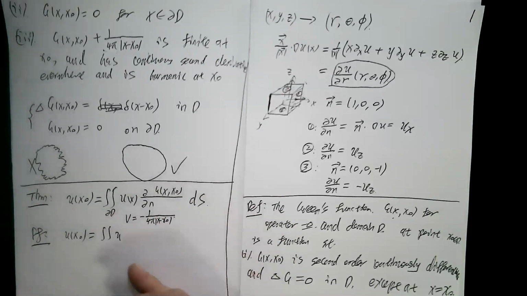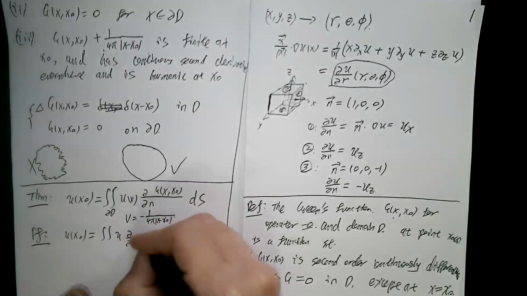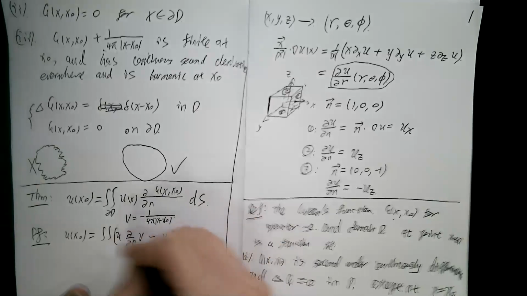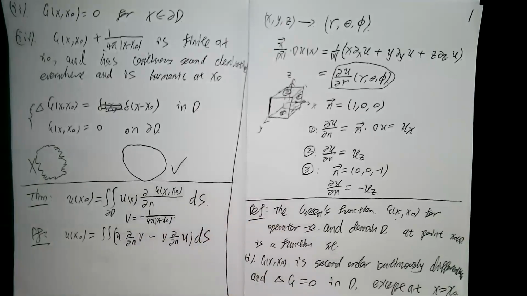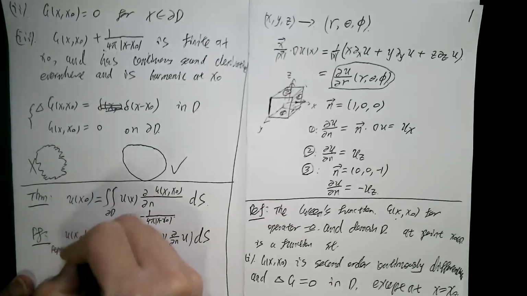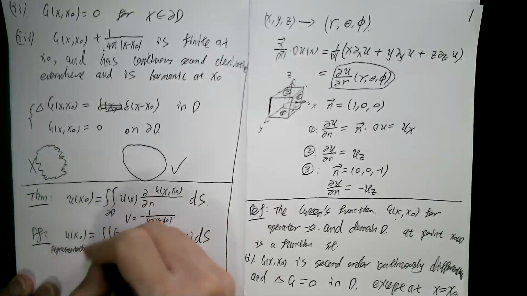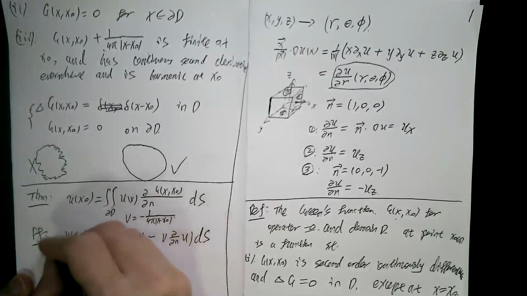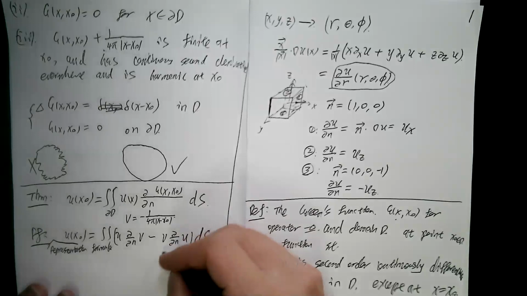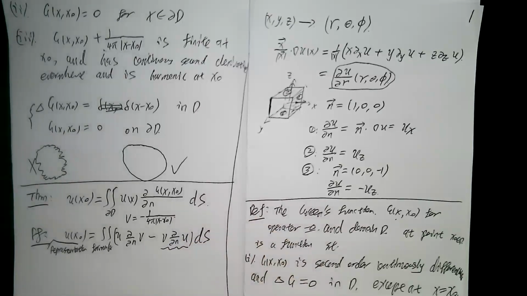Then by the representation formula, we have the integral of u partial n V minus V partial n u dS. This is our representation formula, and now we want to get rid of this term. How can we get rid of it?